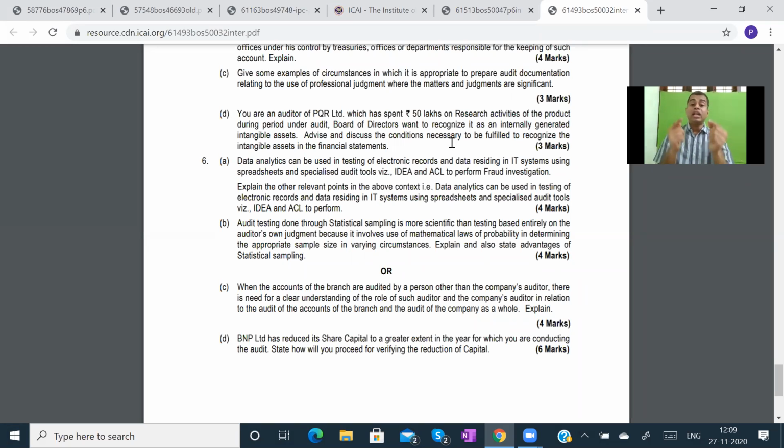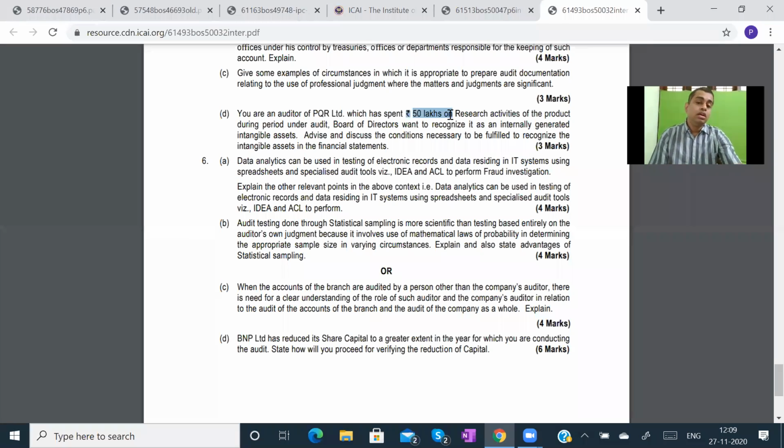Also, the auditor has to ensure that the company has made a distinction between research activities and development activities and capitalizes only development activities. If such a distinction cannot be made, the whole R&D cost shall be charged to P&L. In the given case, the contention of the Board of Directors is wrong, because according to accounting standards, this 50 lakhs should be charged to revenue and should not be capitalized.